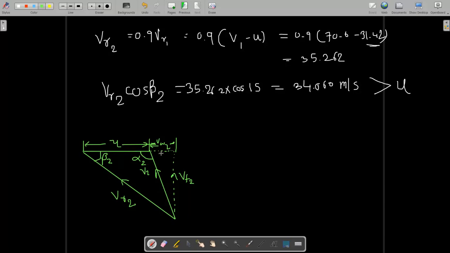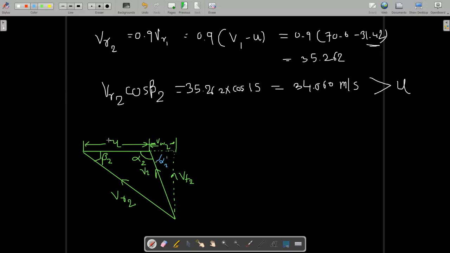And this is the complementary angle, alpha 2 dash. I am writing it with another ink so it will be clear for you.